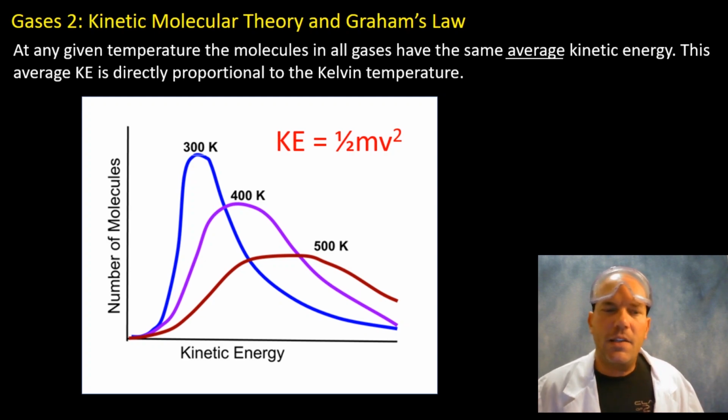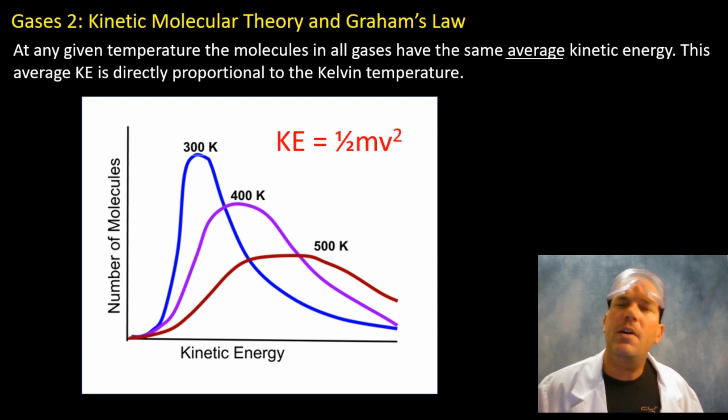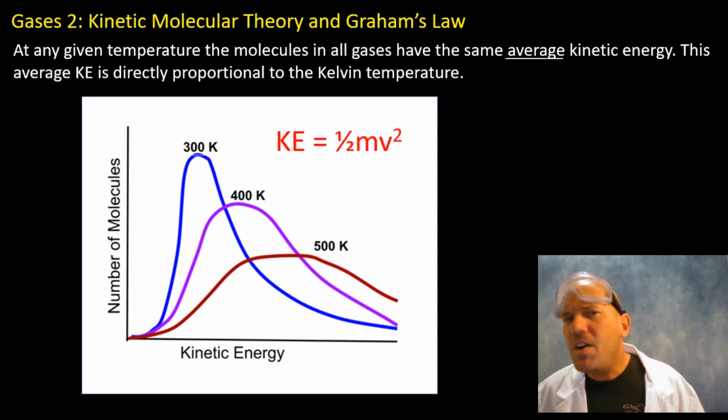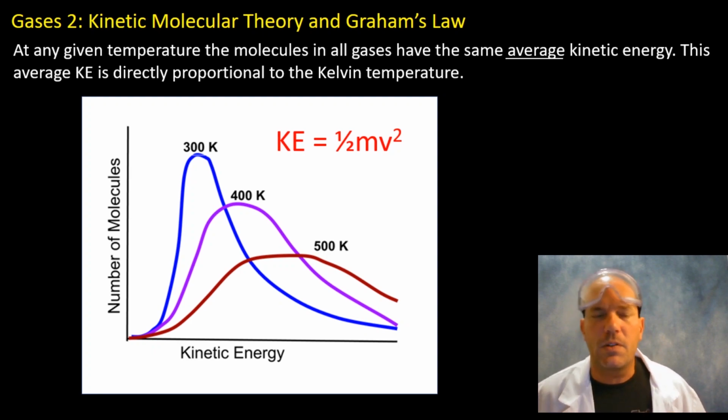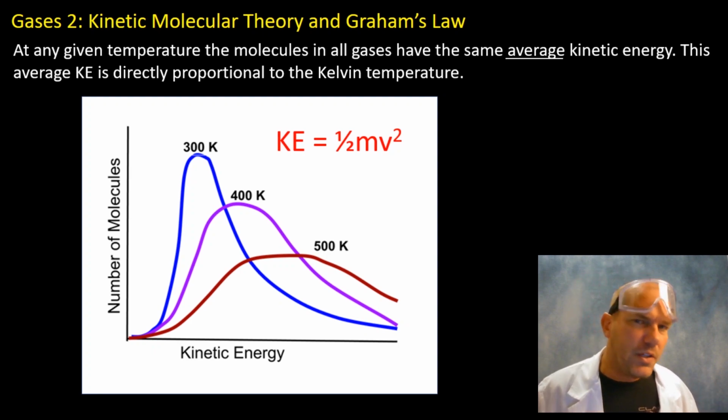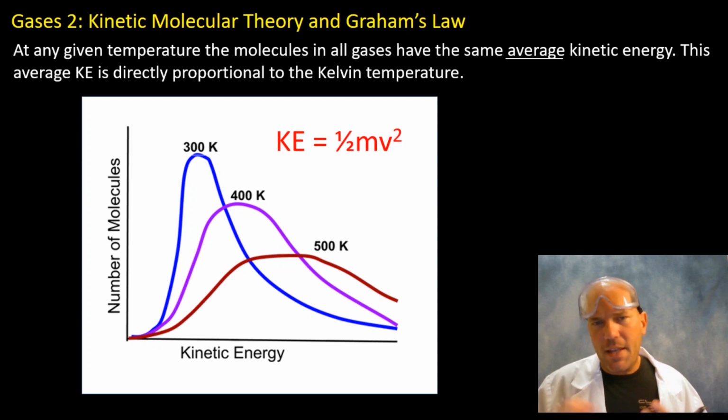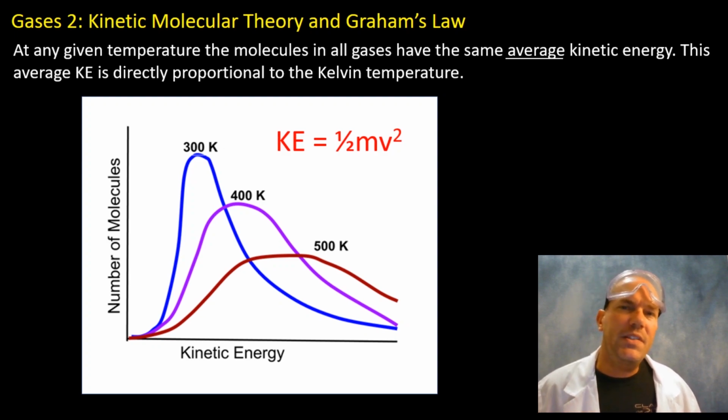So let's look at this graph, which shows a number of gaseous molecules as a function of their kinetic energy at 3 different temperatures. Let's start with 300 Kelvin. And again, to give you an idea, room temperature is 25 degrees Celsius.